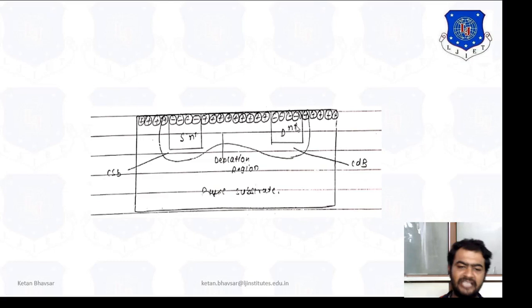So in this region the two types of capacitance, CSB and CDB, are produced, for the junction capacitance of N plus source and substrate, and N plus drain and substrate. The depletion region is created near the surface. So this is one simple diagram for junction capacitance.